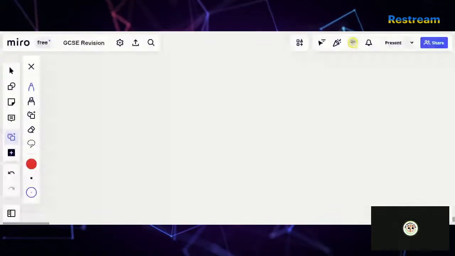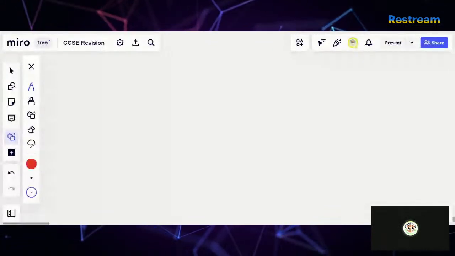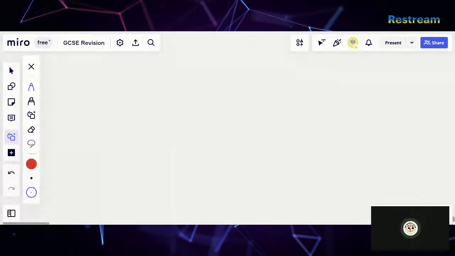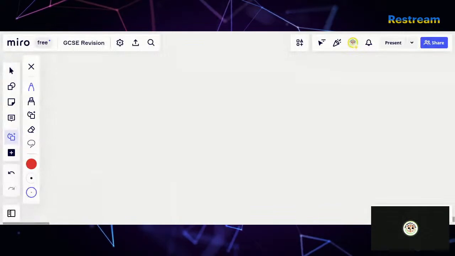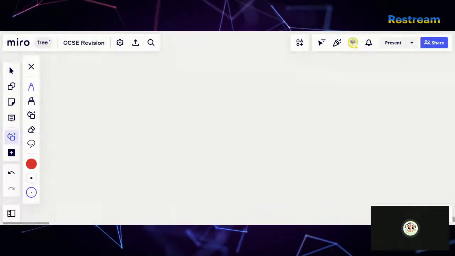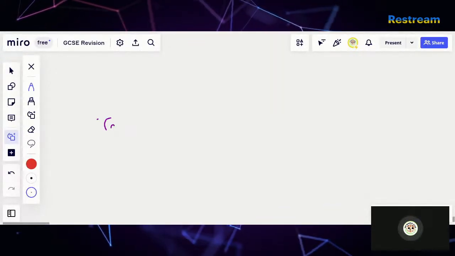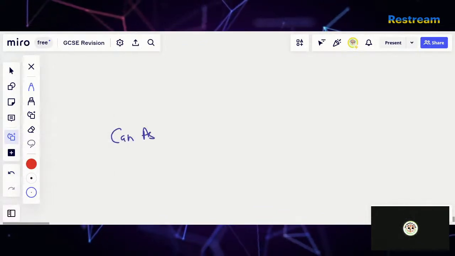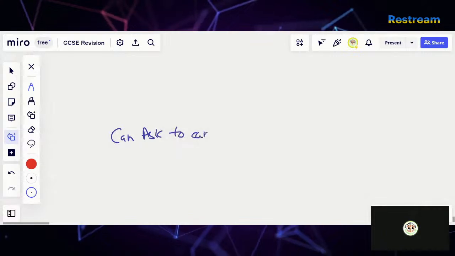Okay, so this is likely to be a high marked question. So let's go through it now. Let's talk about the different things that you can do. Firstly, you can ask the person to carry out different activities.